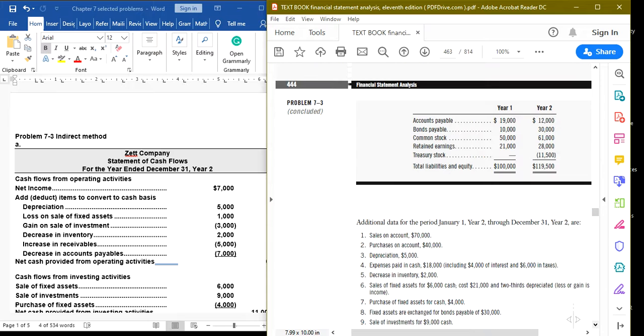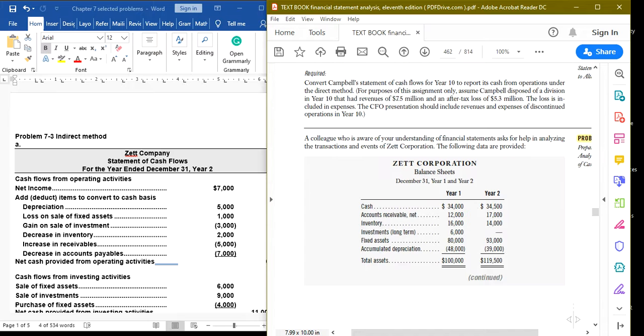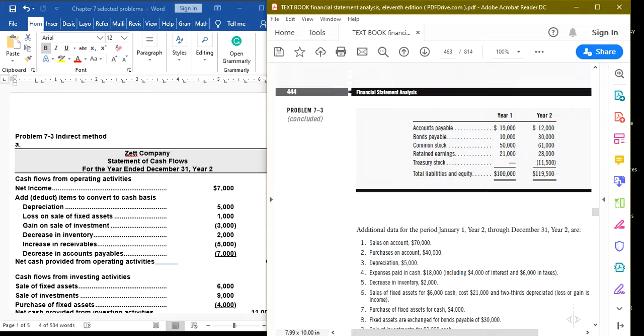So given these specifications of the balance sheet for 2 years, we have cash, account receivables, inventory, investment, long-term fixed asset, accumulated depreciation, and the total of it.